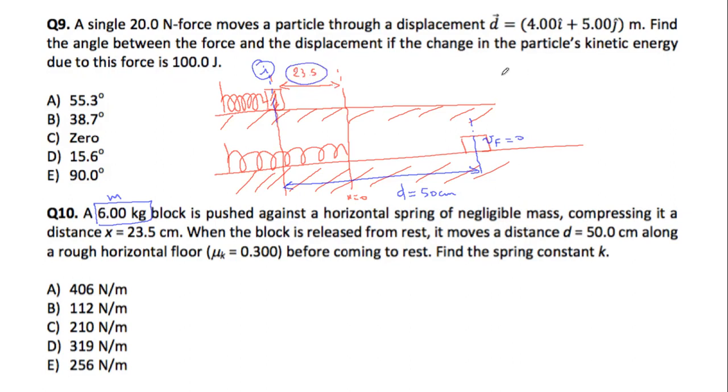So I can calculate actually what is the initial mechanical energy. The initial mechanical energy is the initial kinetic energy, which is 0, plus the initial spring potential energy, which is half k x squared. And again, x is equal to 0.235, and you put it in meters. It's given here.